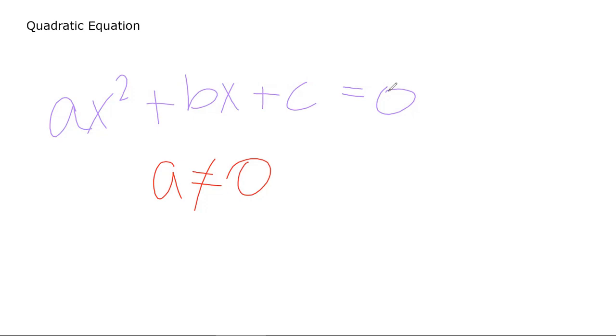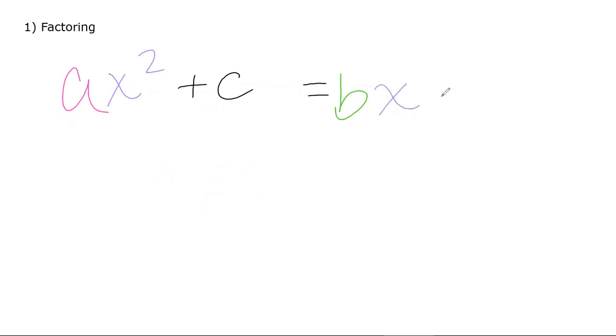All right, so let's start by working with the factoring method. In the factoring method, first of all, we want to rearrange the terms to create the standard form. So let's say that our equation was written as ax squared plus c equals negative bx.